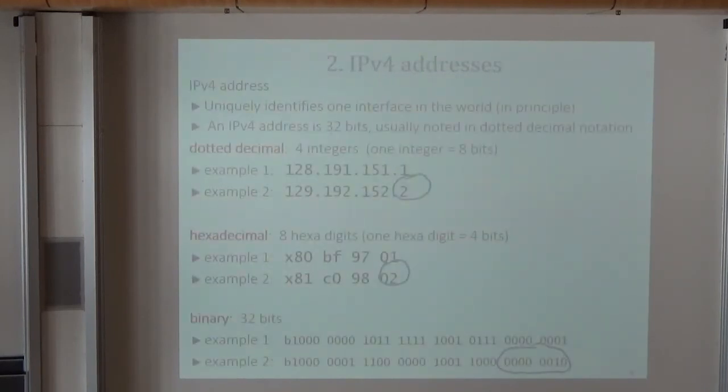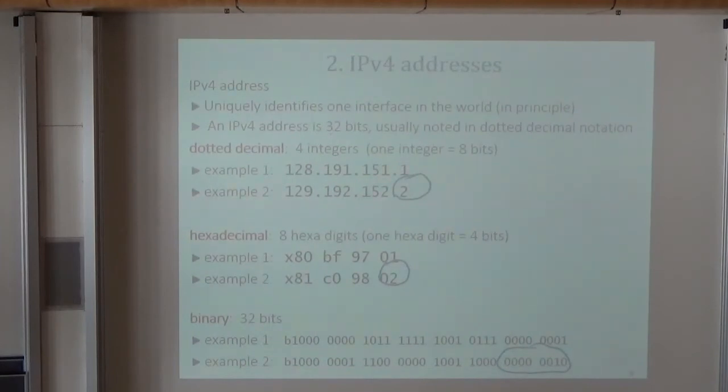A few words about addresses. We've started saying that already. If you're not familiar with binary and hexadecimal, then it's the time to become familiar. If you are, it will be easy. IP addresses of the format IPv4 are 32 bits.